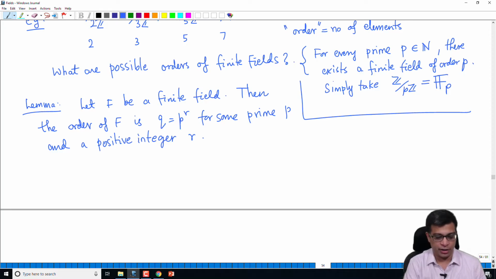It cannot be any other number. So for example, there can be no field of order 6 because 6 is not a power of a single prime number.